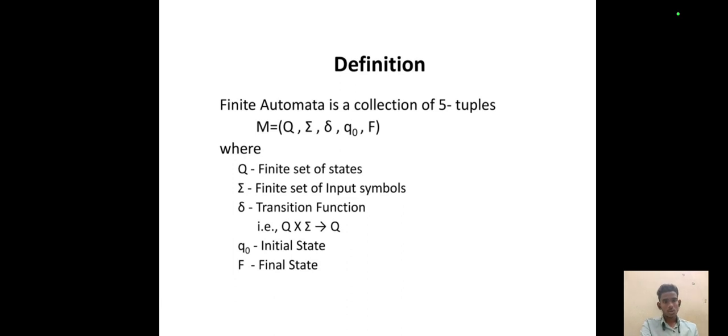That is, Q times sigma gives Q. This is known as the transition function. q0 is known as the initial state and F is known as the final state. These are the 5 tuples of the finite automata.